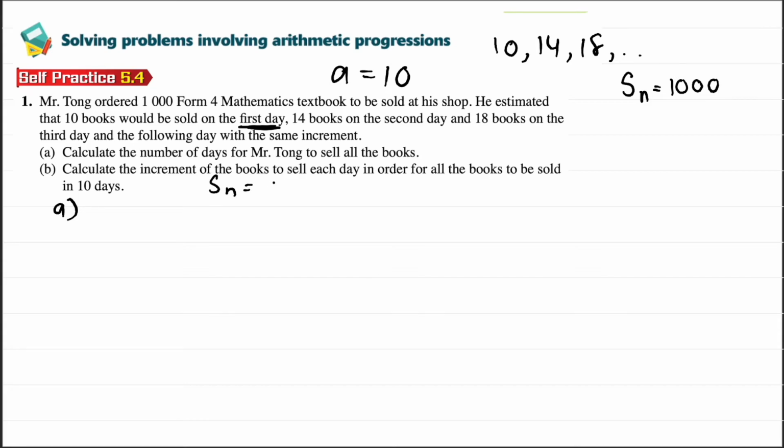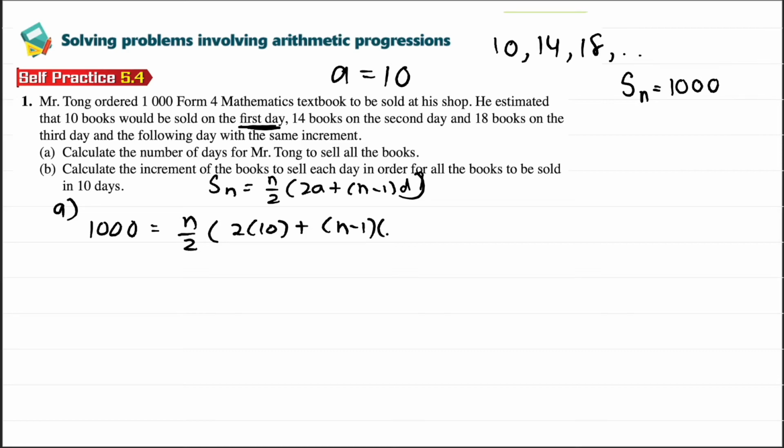Sn sama juga dengan n over 2 [2a + (n-1)d] kan. Okay. So we know that the Sn dia adalah 1000 sama juga dengan n over 2, 2a maknanya 2 darab 10 tambah n tolak 1, dia punya d dia adalah 4.